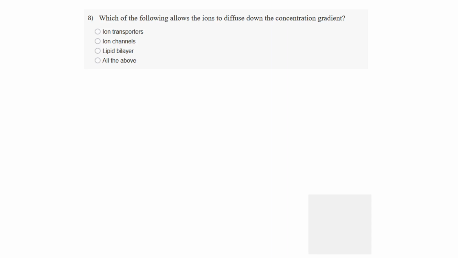Okay. So you need to understand the terminologies. I think ion channel is against the concentration gradient, right? Okay. We'll see. Let others answer. Yeah, other responses.